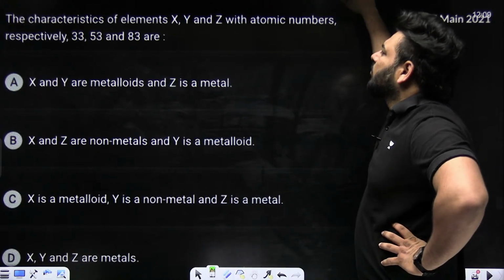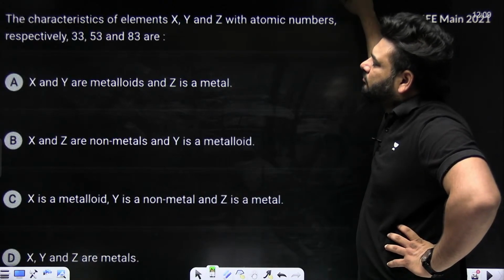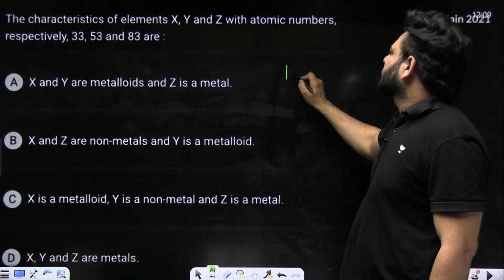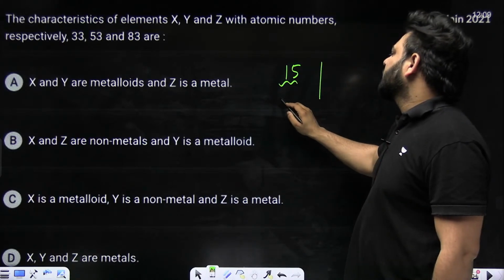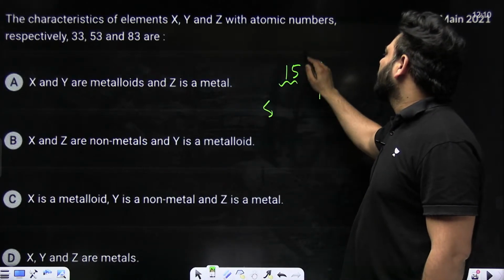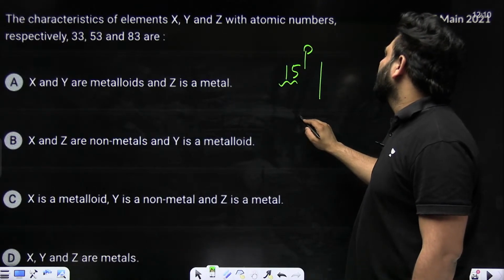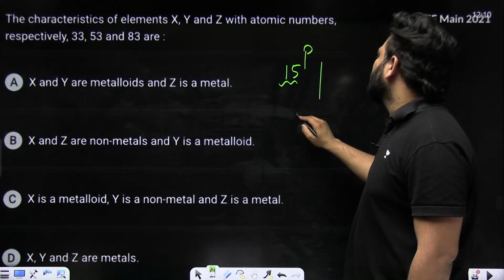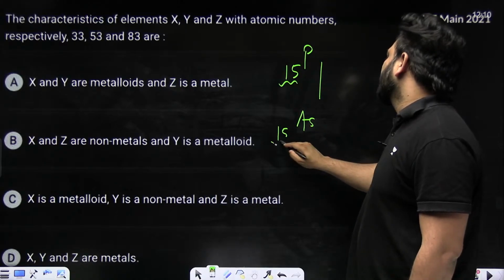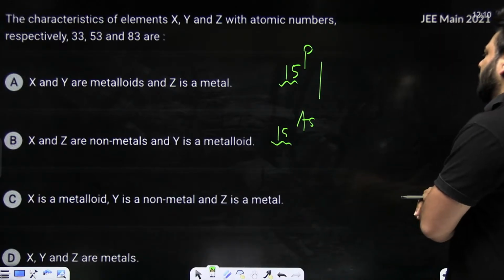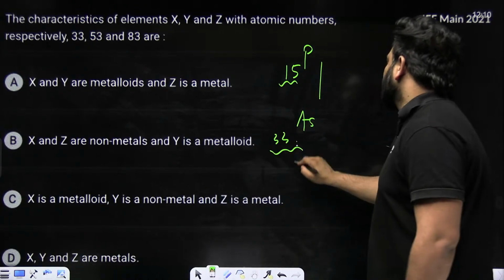So if we remove 18 out of it, it will become 15. Group 15 is your non-metal, we are talking about phosphorus right now. Then group 15 will be your nitrogen, phosphorus, arsenic. This is not 15, this is 33. This is a metalloid actually.